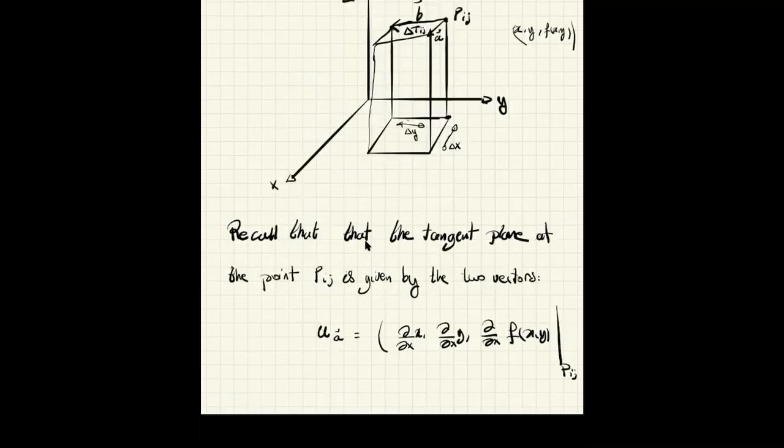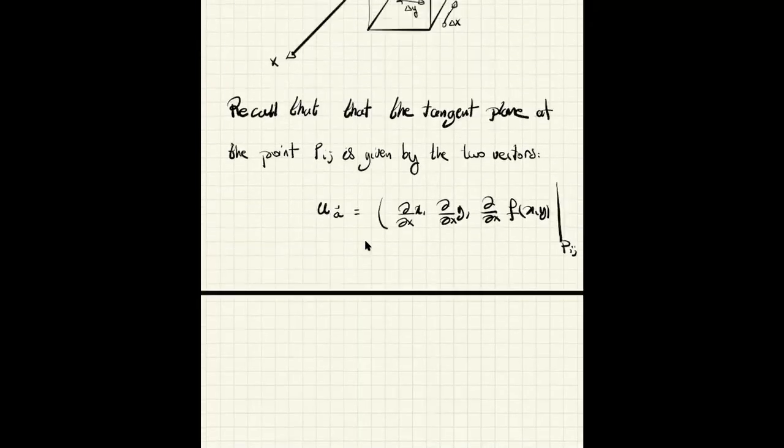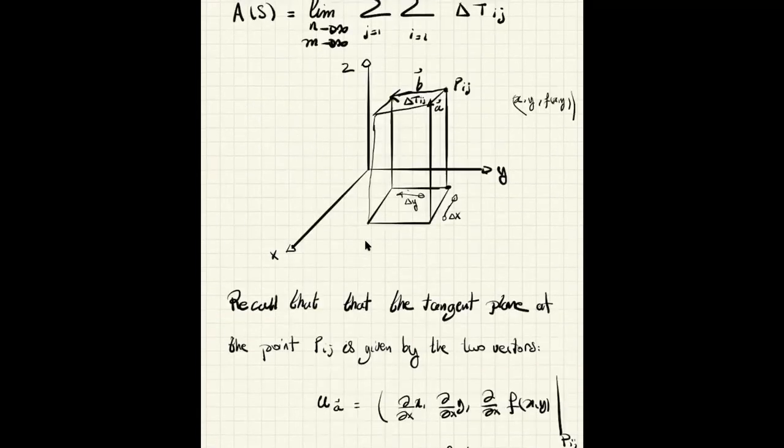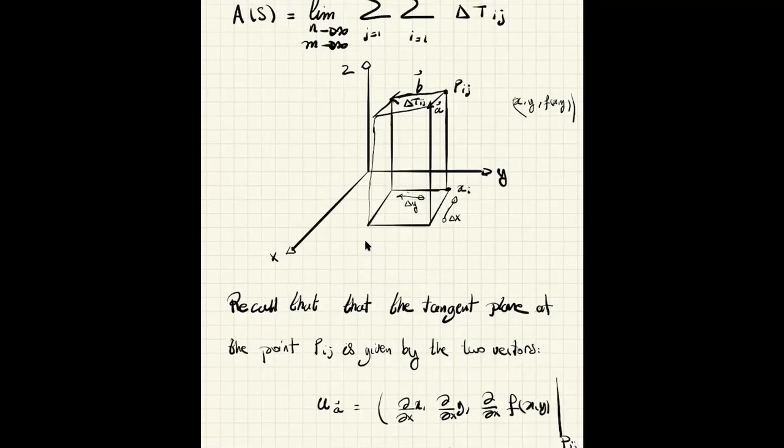Remember this. And this is (1, 0, fx evaluated at the point xi, yj), right? This is the point xi, yj, right?